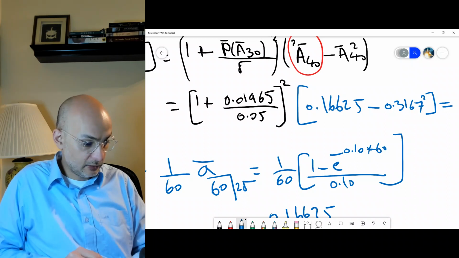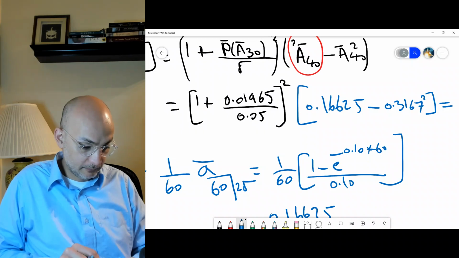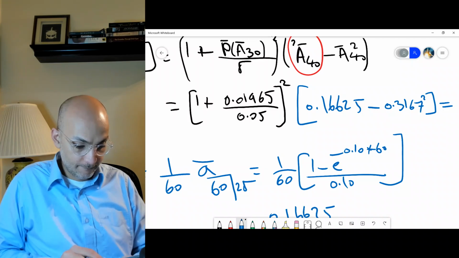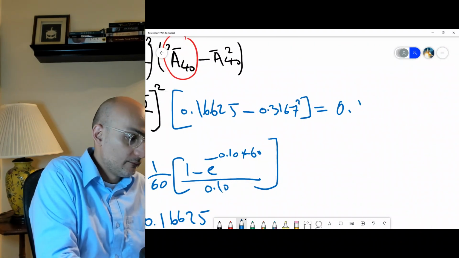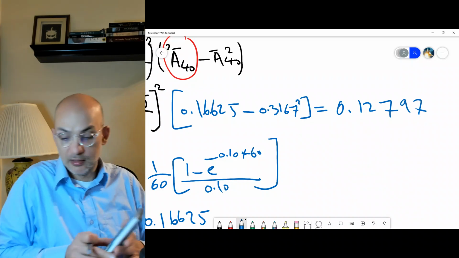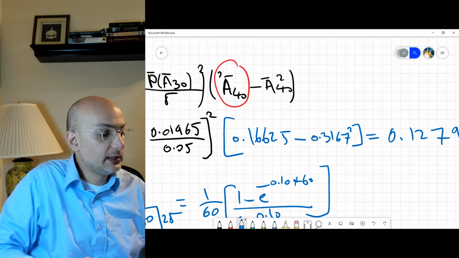Now we need to calculate also 0.01965 divided by 0.05 plus 1 raised to 2, multiplied by this. I got this value. This is the variance for the insurance, right? So yeah, it's straightforward. All you need to do is plug in your values.